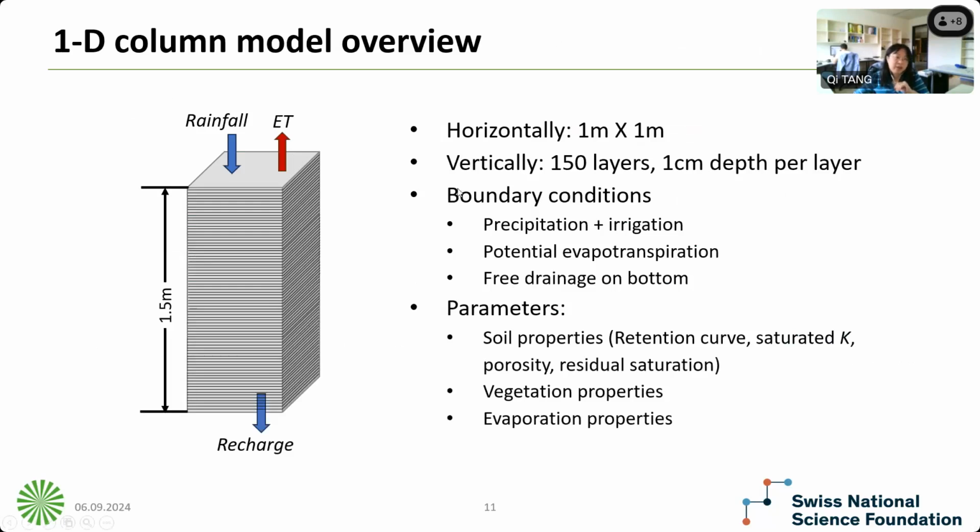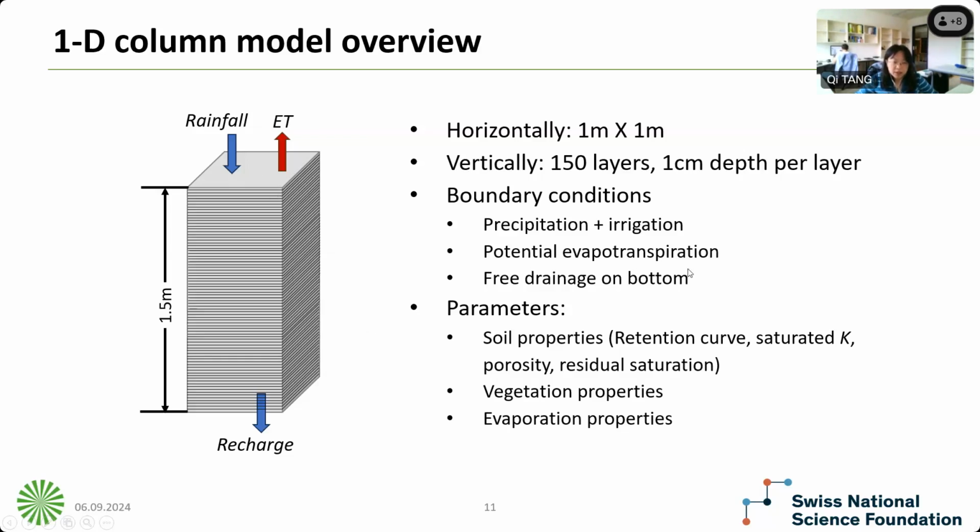And we use a 1D column model, which has a horizontal domain of 1 meter by 1 meter. And vertically, we use 150 layers with 1 centimeter depth per layer. For the boundary conditions, we use the precipitation data from MeteoSwiss and also irrigation data from the lysimeter station.